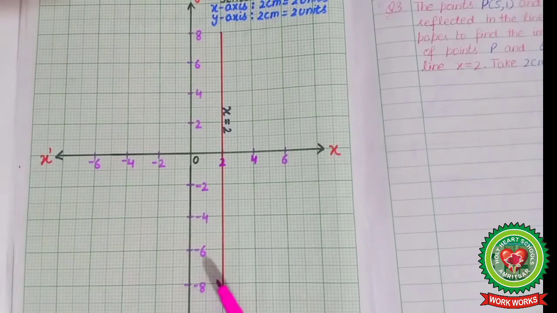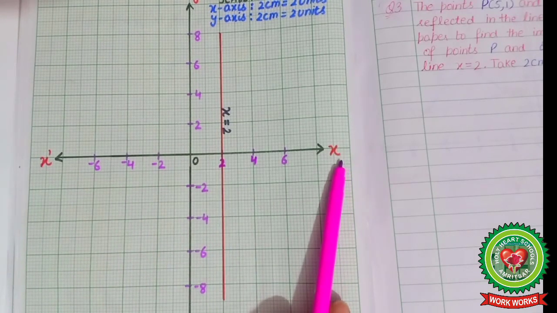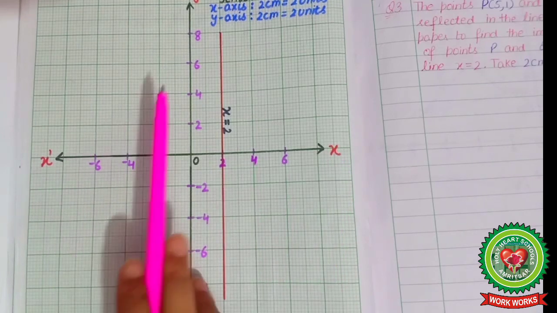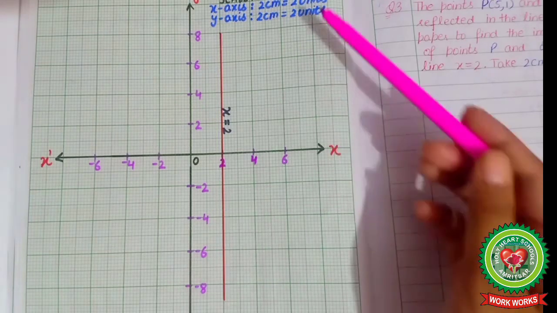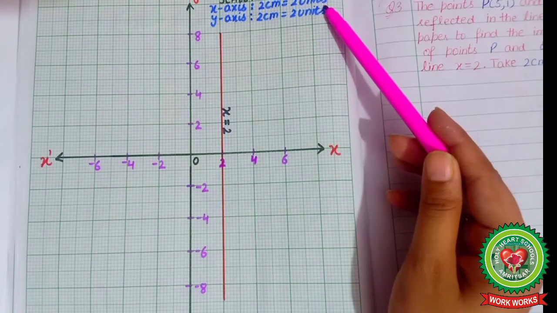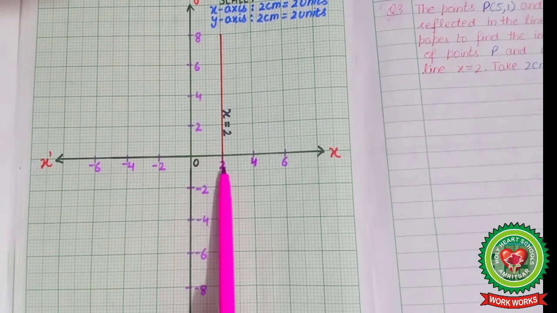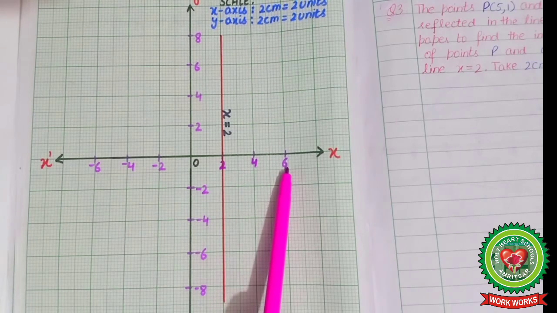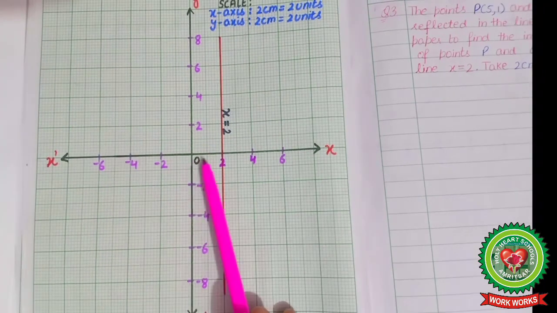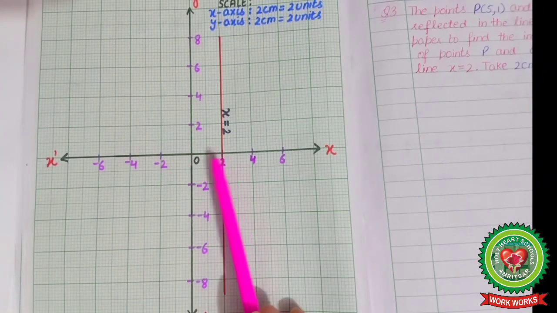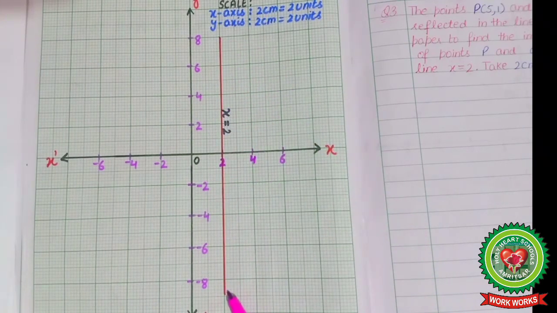According to the question, first of all draw the x and y axes. Write x, x dash, y and y dash, and take 2 centimeter equals 2 units along both axes. So after 0 we have 2, 4, 6 like this, and here also -2, -4, -6. We have to draw a line parallel to the y-axis. This is the line x equals 2.